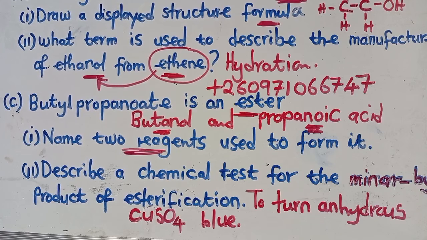So both reactions will produce water molecules. Esterification produces water. Neutralization will produce a salt and water. Neutralization is a process by which an acid reacts with a base to give us a salt plus water.